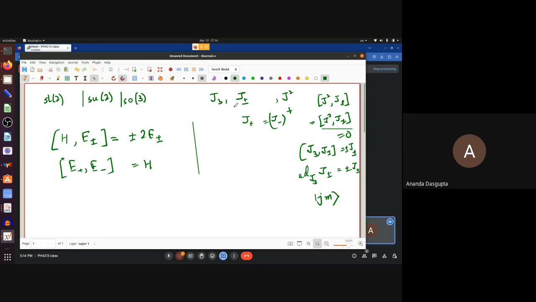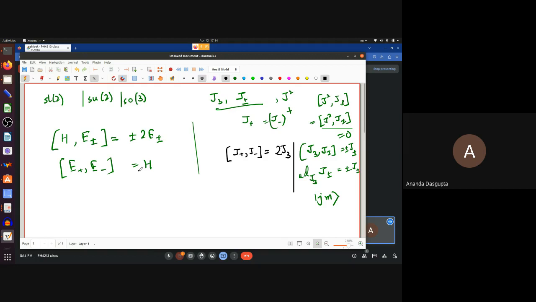They are basically related to these operators. But what exactly is the relationship? It would be even more obvious if you remember what the J plus J minus commutator was. Anybody remember what that is? Twice J3. That was twice J3.